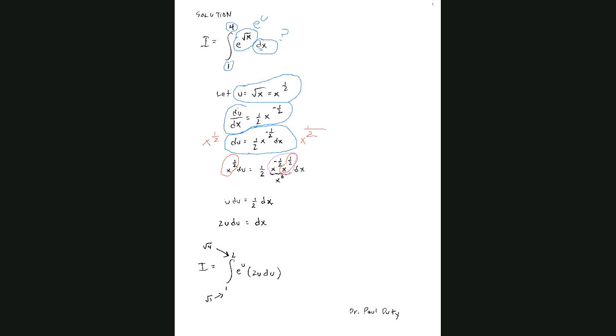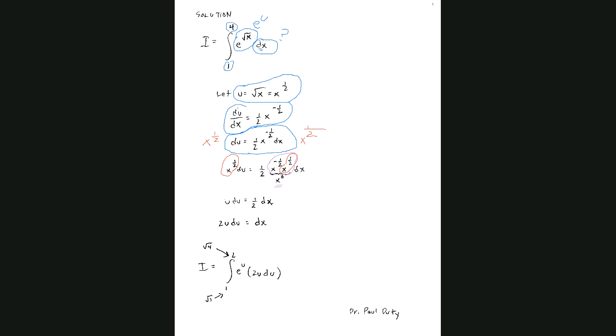We have a base x. We're taking x to the negative 1/2 times x to the 1/2. What do we do with the exponents? We add them. That's right. Thank you. And so we get x to the 0. But what is x to the 0th power equal to? 1. That's right. Thank you.